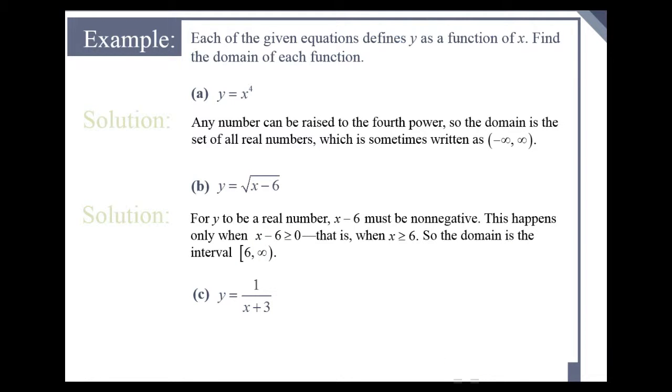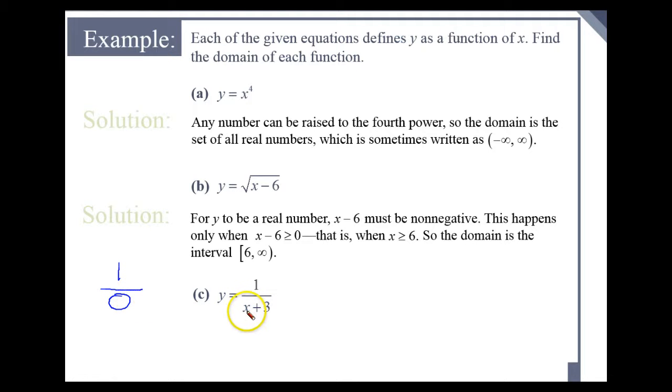Now, how about something like this when you have a fraction? Well, when you have a fraction, again, in order for it to be a mathematical operation, we can't ever have, let's say, 1 divided by a 0. If 1 is divided by a 0, this operation is undefined.